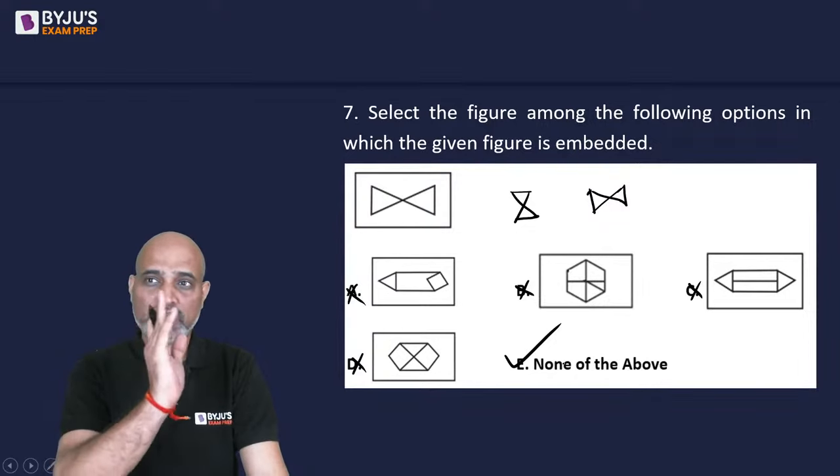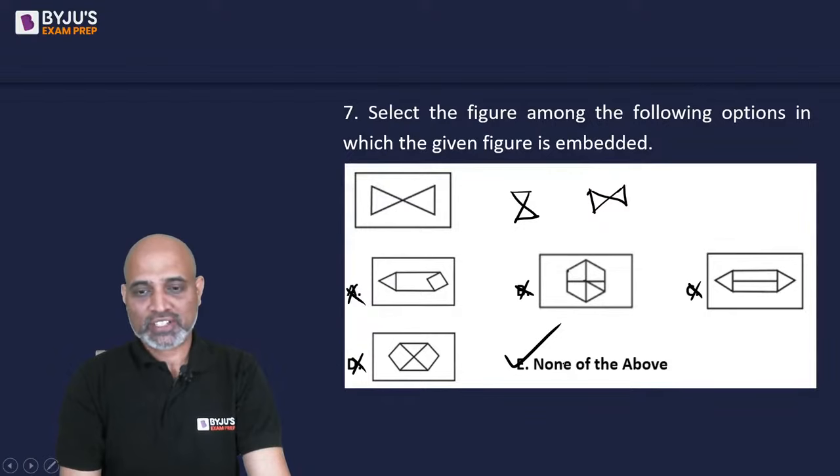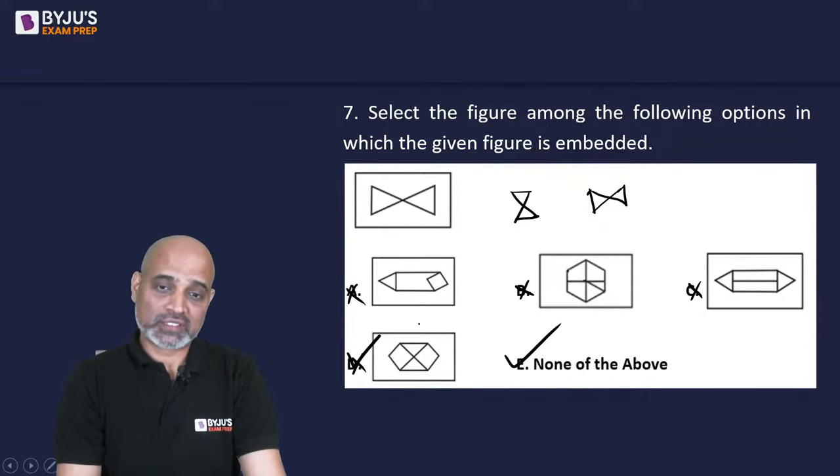Sometimes it should be the exact image. The rotation is not allowed. So none of the above नहीं देना चाहिए था, है ना? So actually D can also be the answer.